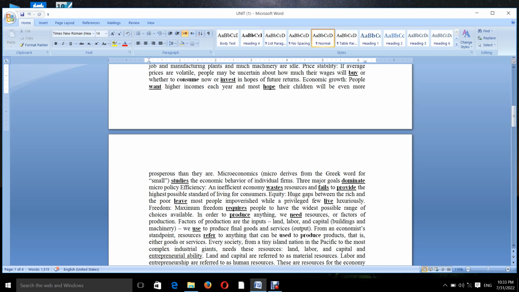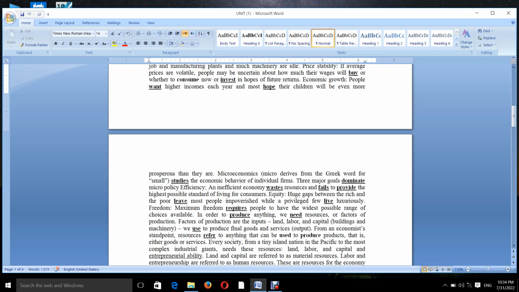In order to produce anything, we need resources, or factors of production. Factors of production are the inputs, land, labor, and capital, buildings and machinery, we use to produce final goods and services output.